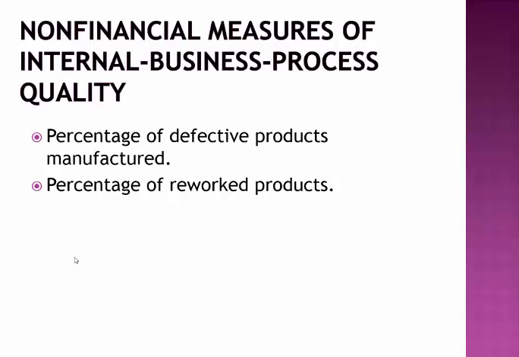If you guys were to flip back and look at our example from a few moments ago, back on Exhibit 19.2, our internal failure cost area showed the rework at $100 per hour.